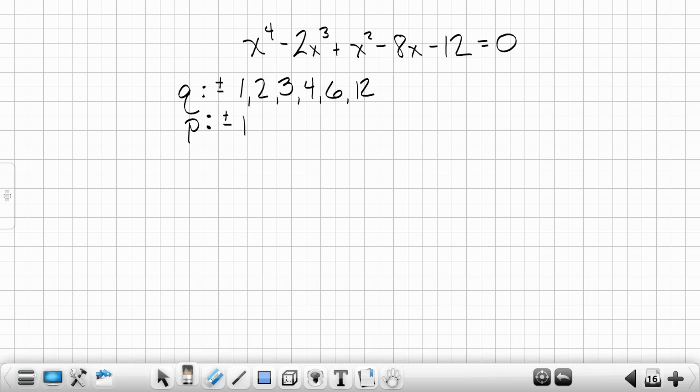It's always nice when our P is 1, because when we do all of our options of Q over P, it's just the Q's, right? Because it'll be like 1 over 1, 2 over 1, 3 over 1, 4 over 1, 6 over 1, 12 over 1. So our Q over P is going to match our Q's perfectly because our P is 1.